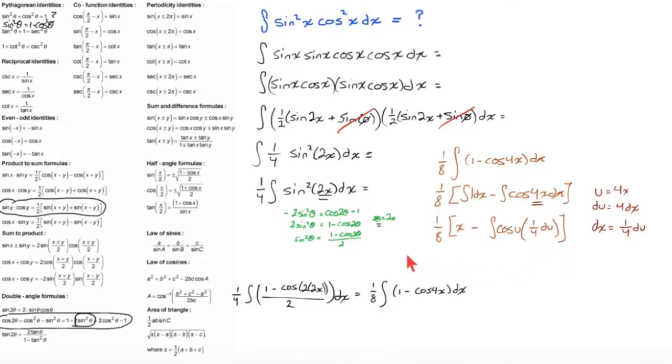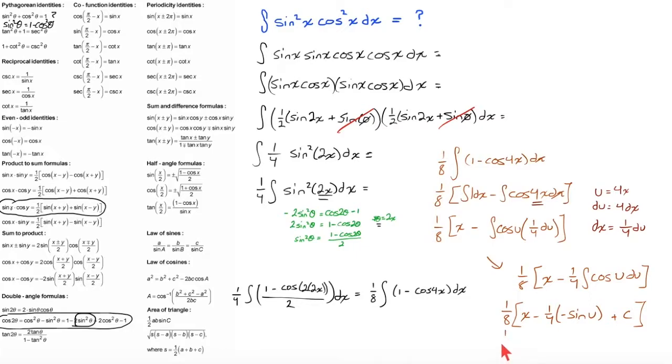All right, perfect. A couple more lines and we should be able to square this away. 1/8 x minus 1/4 integral of cosine of u du. And finally, we'd have 1/8 x minus 1/4 negative sine of u, all of this plus c, of course, which was there when I did the x part too.